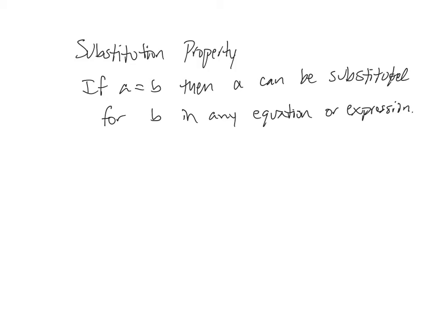So if you know two things are equal, then you can replace one for the other in a different equation. And nothing changes because those two things are equal. It's like saying, if I have a $20 bill and you have two $10 bills, we can switch one for the other, and we still have the same amount of money.